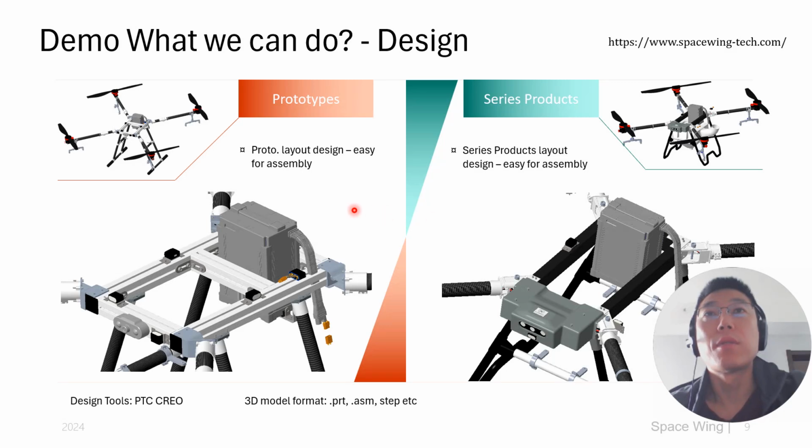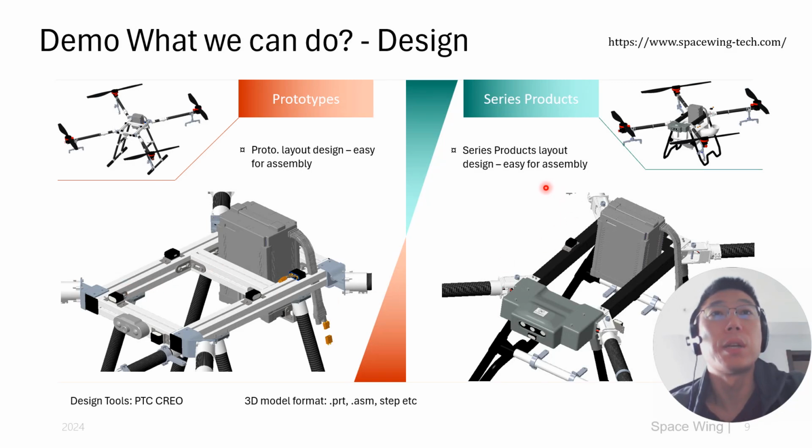The next one is the prototype layout design. You can see the overall layout is very easy to assemble. We use simple brackets, and they are easy to buy from the market. All the brackets are easy to buy from the market, and it's very easy to assemble.